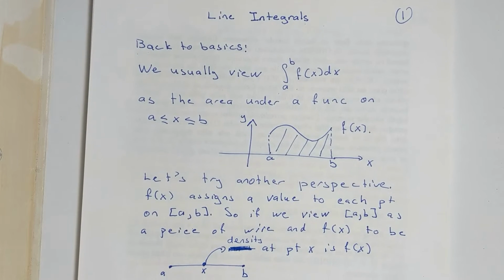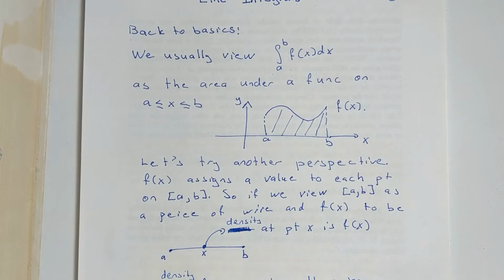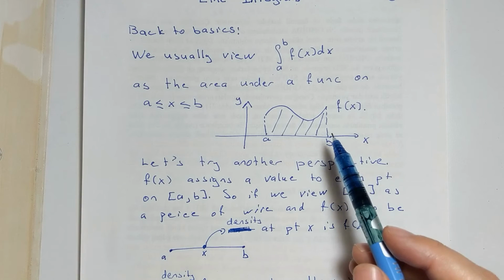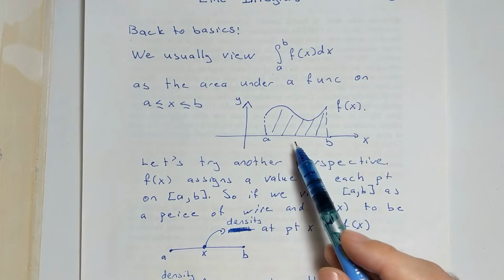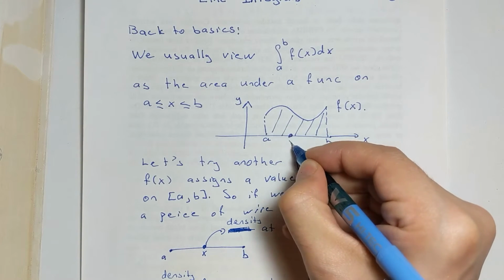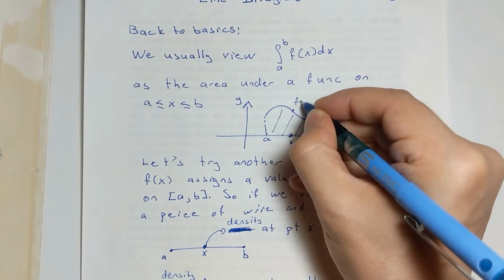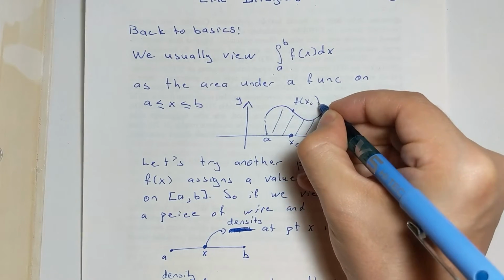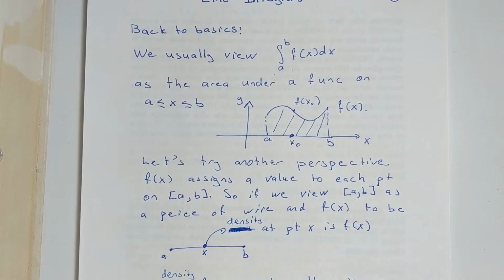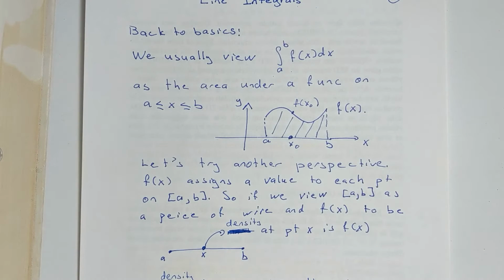Now we can try another perspective, and this is going to lead us into line integrals. What the function actually does is, for each point x naught here, it defines a real number value, f of x naught. It assigns each point on the line segment AB a real number.